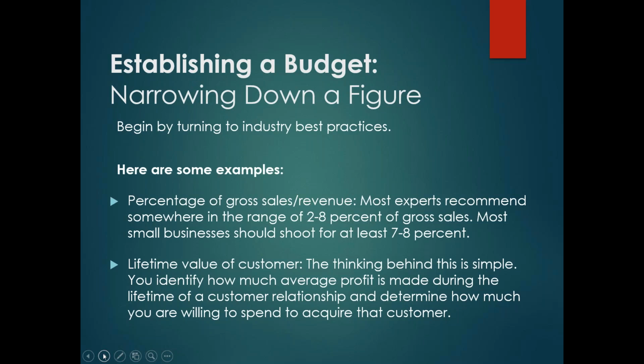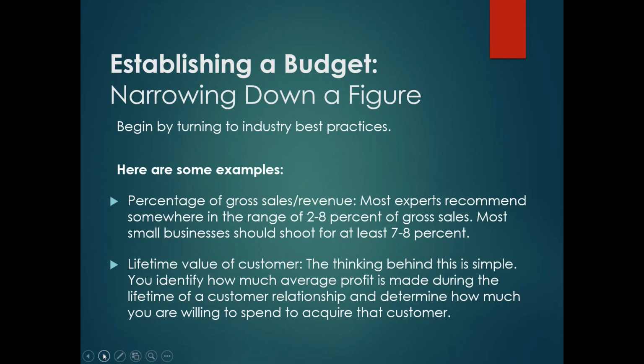So if you were a small agency earning $250,000 a year, you'd want to spend at least 2%, maybe around $5,000 a year on marketing. But you can see that amount can vary, and you want to look at what you can afford and start somewhere. The other way to look at it is the lifetime value of a customer.